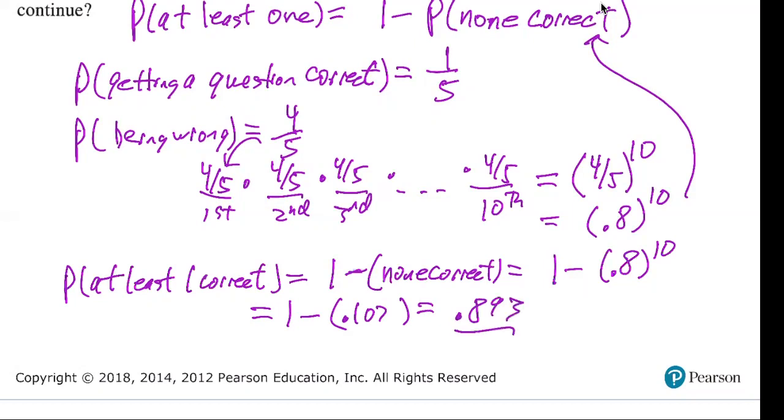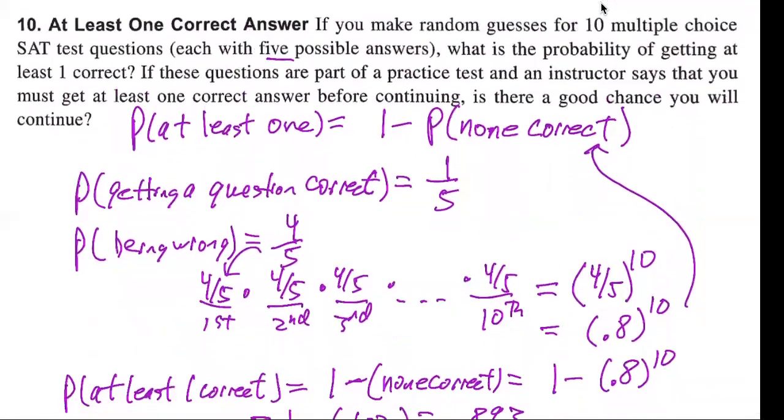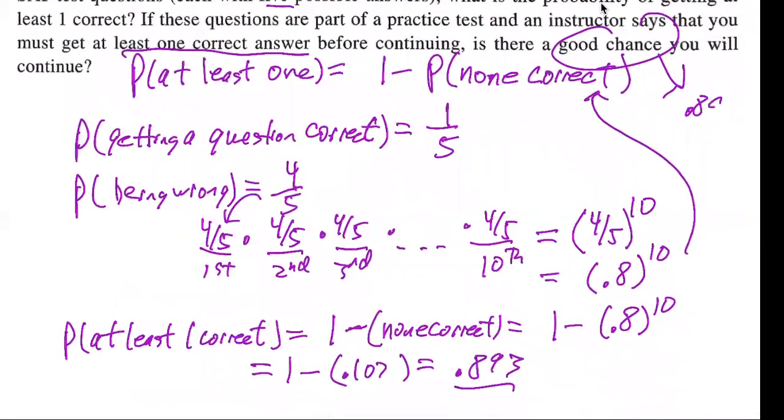So that's the probability of guessing on 10 and getting at least one correct. So that's one or more. So that's a pretty high probability. So if you must get at least one correct before continuing, I think there's a good chance. Probability was 0.893. So that's the structure of these problems.